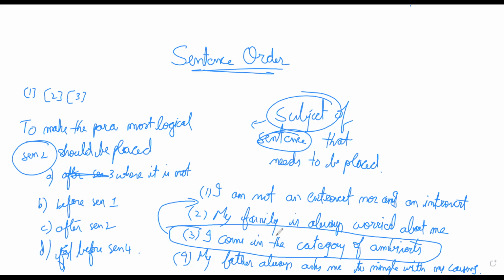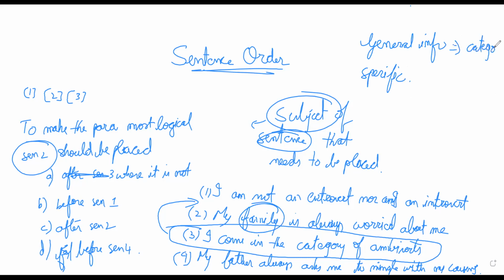The other way of looking at these questions is something called general information and specific information. What does this mean? General information means a category, like family.